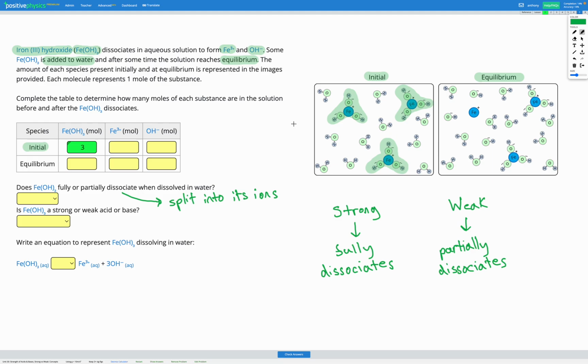What about Fe3+? I don't see any here initially. And OH-, again, I don't see any here initially. So those are both going to be 0. Then at equilibrium, I'm looking for Fe(OH)3. Here's one, and here's another. So I've got 2 Fe(OH)3 at equilibrium.